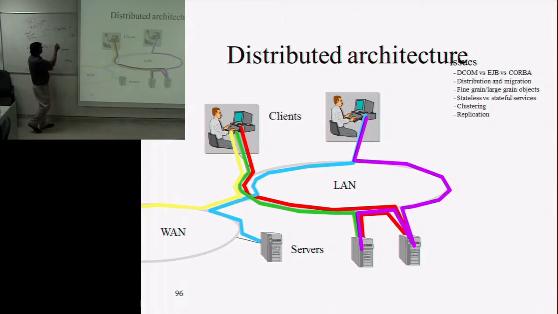In Java, to call the methods, we have RMI. Have you used RMI in Java? RMI is to call objects from another application over the network.